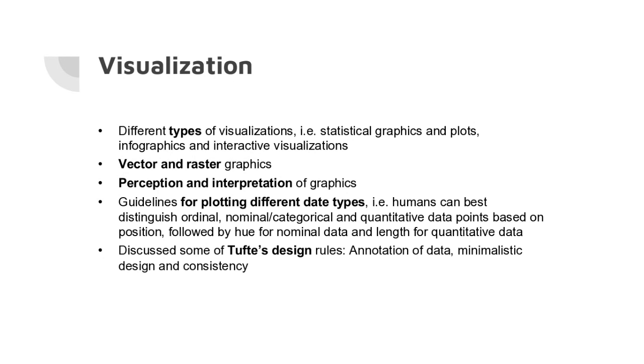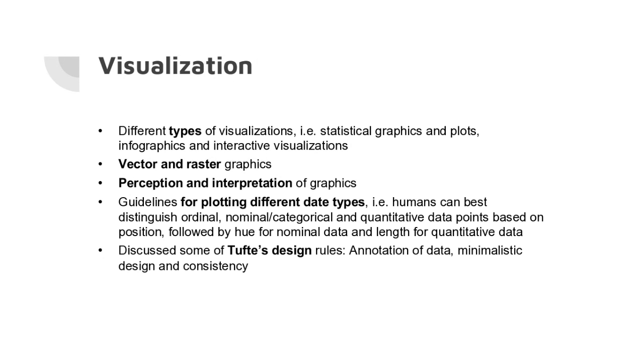Then we talked about guidelines for plotting different data types. Humans can best distinguish ordinal, nominal, or categorical data and quantitative data points based on position. So position is the most important feature in any visualization.